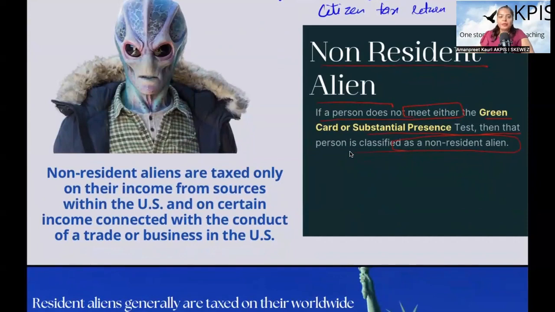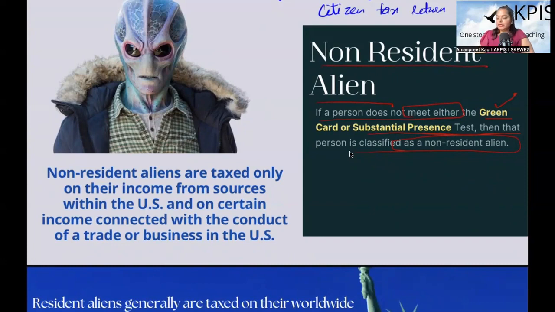And who are those persons actually, who do not meet the green card test of the United States of America? Because for procuring the green card for permanent residency in America, you need to comply with the immigration laws over there, or the substantial presence test that we will discuss shortly. You are supposed to be in the United States of America for a specific number of days.